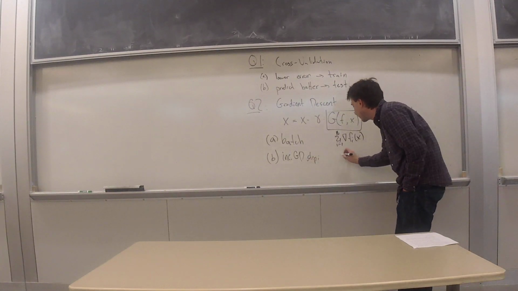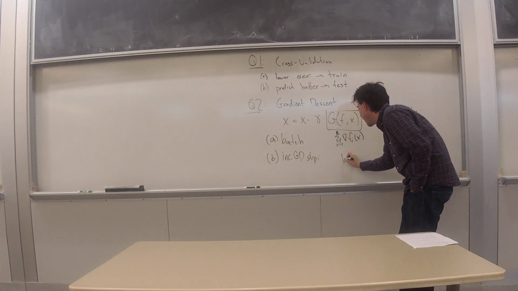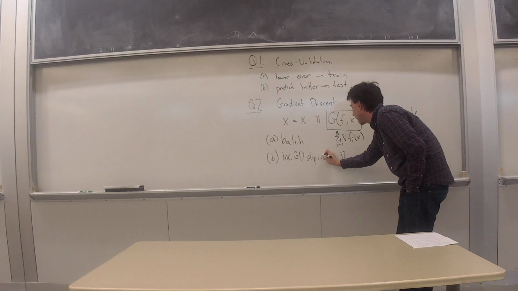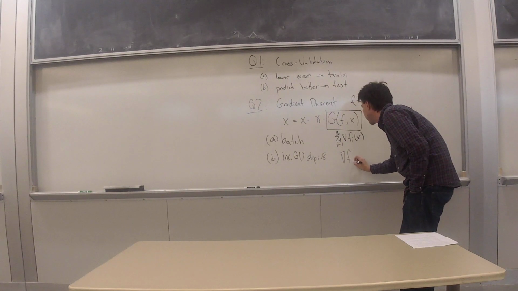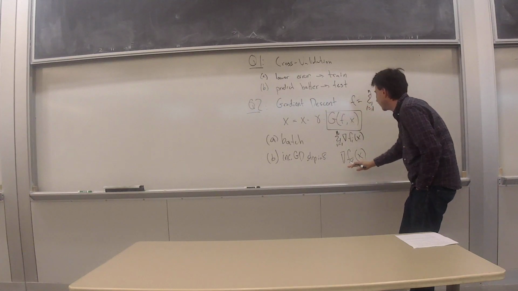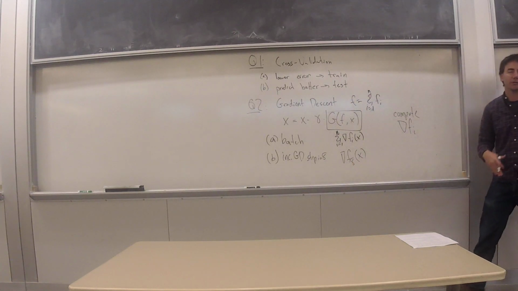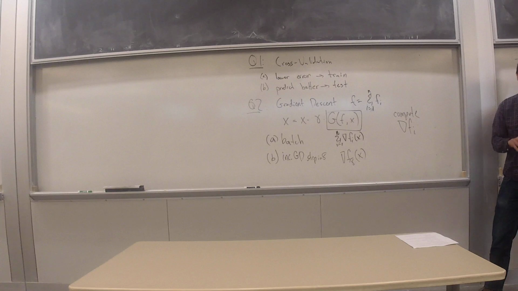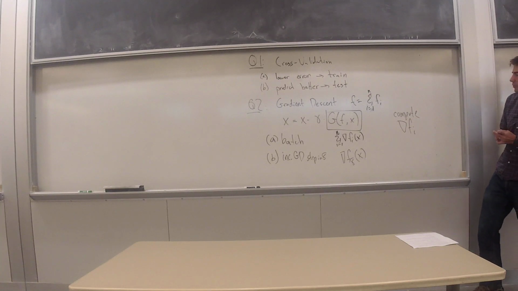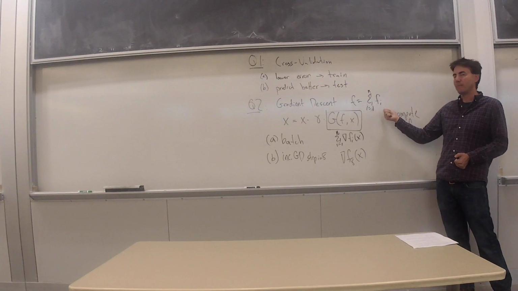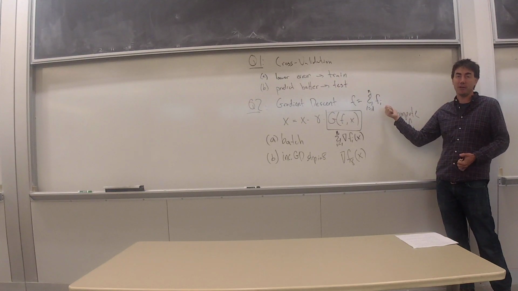And in the incremental step, at the ith step, the answer was just to use this one value. For every step we're using a different single function as a gradient. And these are the two main modes, and they're the important consequences of having this decomposable property.